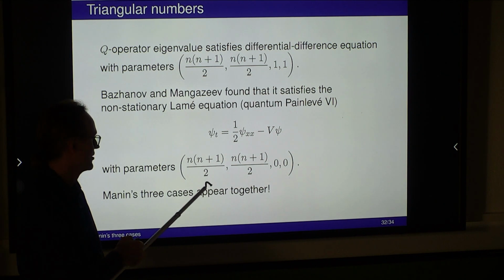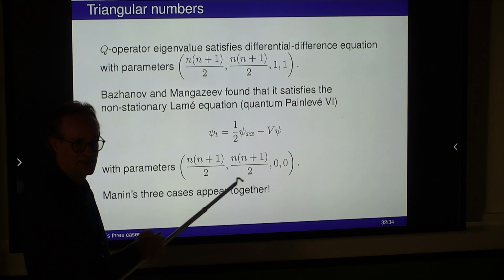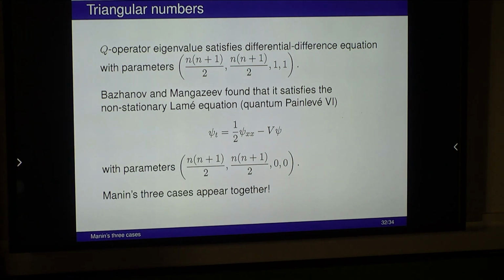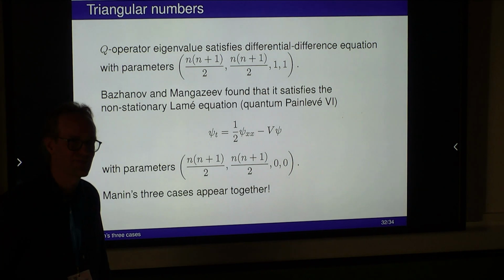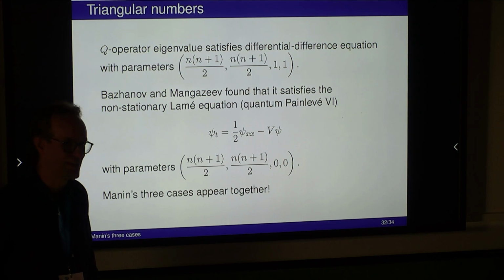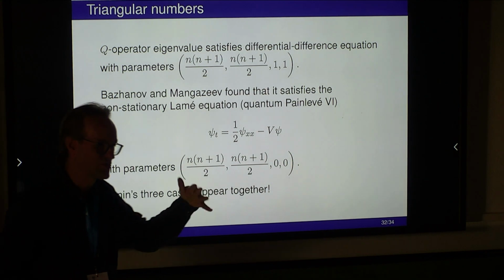And here the parameters are also triangular numbers, similar to those, but a little bit shifted. So I think it's curious here that all these three cases of the potential appear together, and the proofs we have don't really give a clue why this is connected.